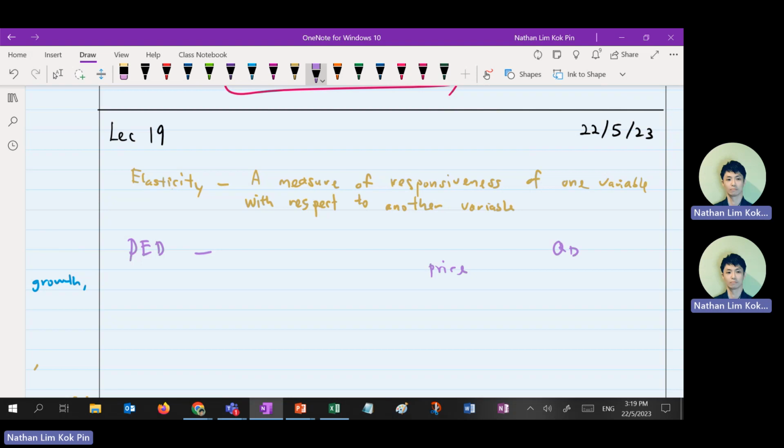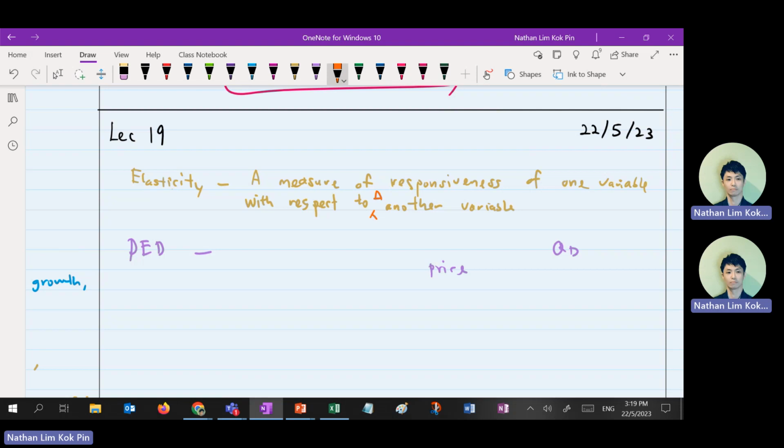If you can remember one general definition, you can apply to other elasticity definitions. That's all. Right? With respect to the change, if you want to make it more clear, to change in another variable, to the change in price. Right? This is how we write the definition. Normally, I don't remember the specific one. I just remember one general one. Then I can use one general one to write 4 types of elasticity definition.